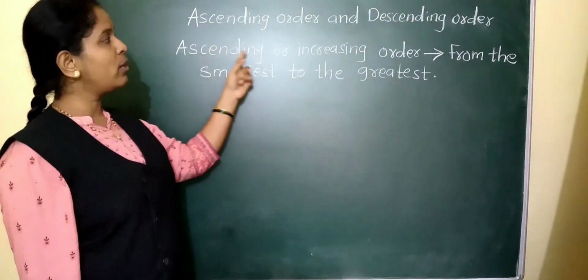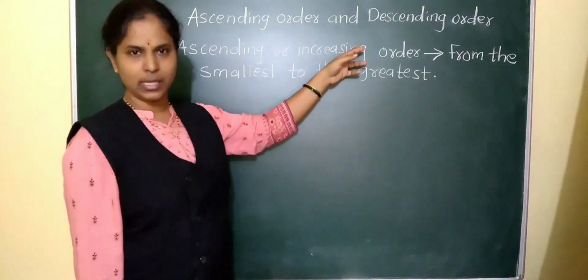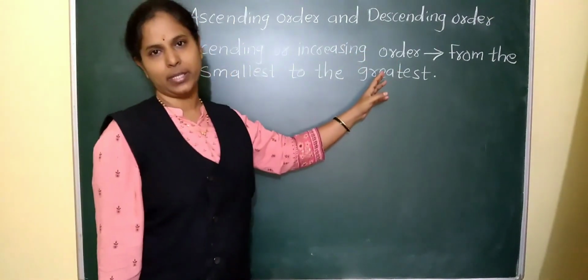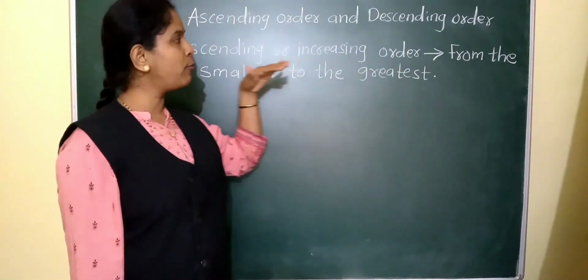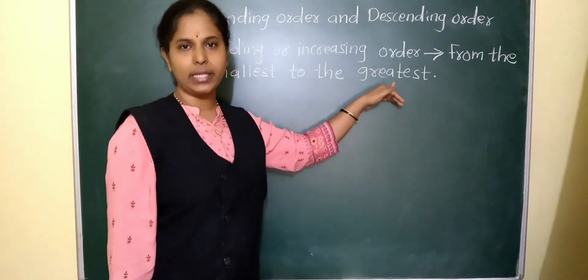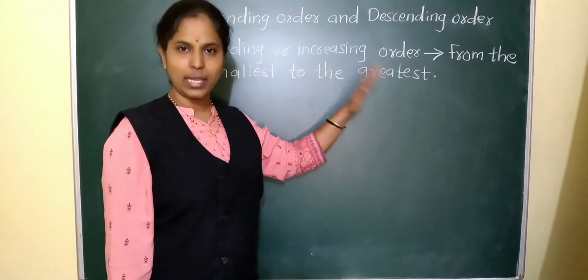Now ascending order is also called increasing order, means from the smallest to the greatest. What we have to do? We have to arrange the numbers from smallest number to the greatest number. That is called the ascending order.